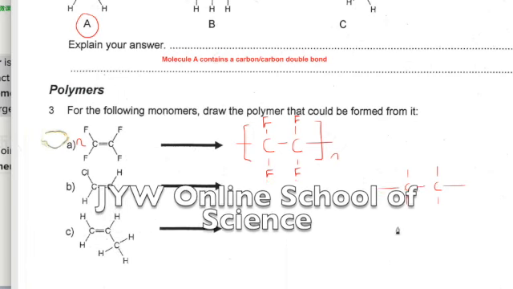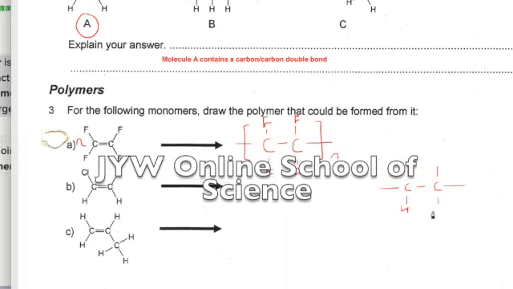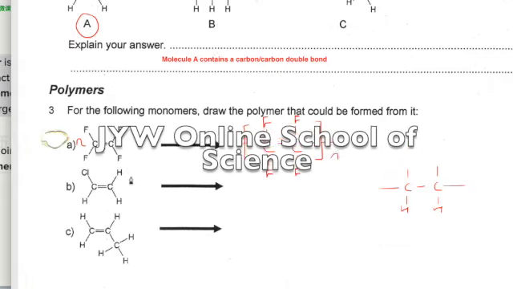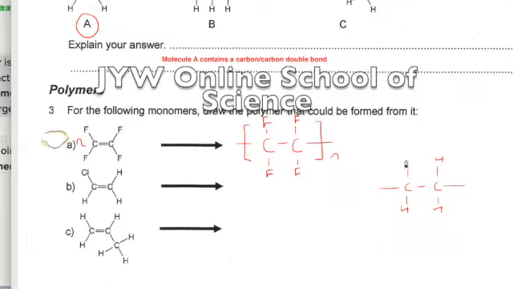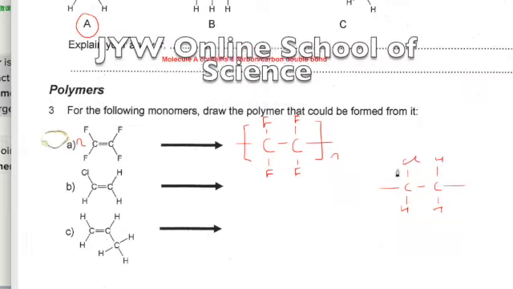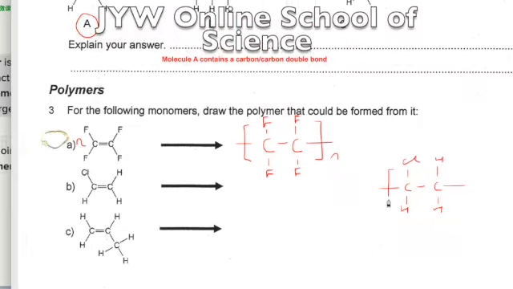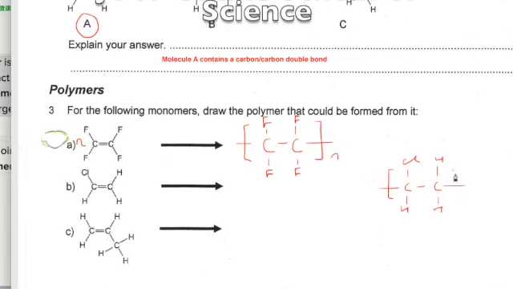Here is 2 hydrogen, hydrogen, hydrogen. Here, hydrogen and chlorine atom, Cl. And then you have a big bracket, means repeat n times if you have n of those.